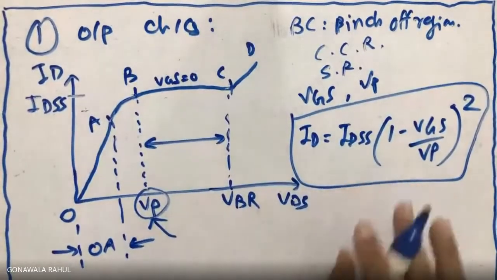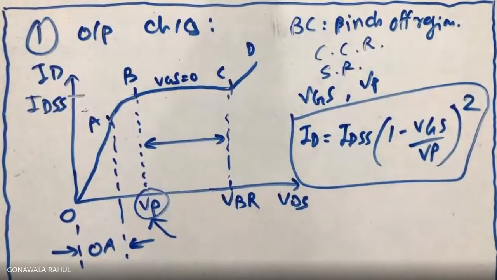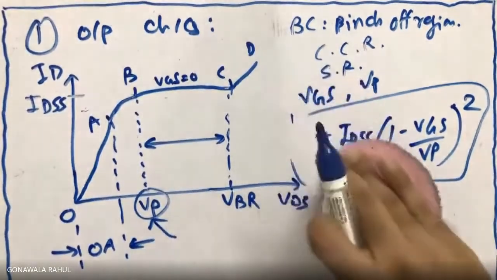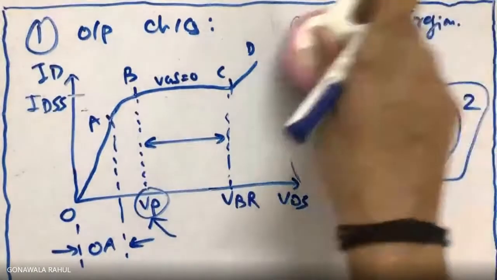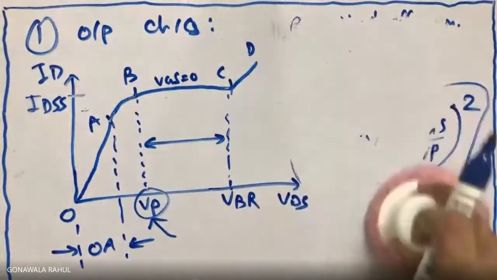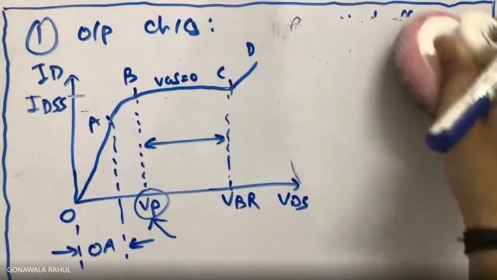The derivation of this is beyond our syllabus, so we are not deriving this equation, but we will use it. And for this, the circuit arrangement for plotting the JFET characteristics is like this, that we will see now.